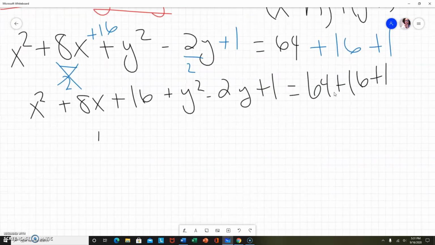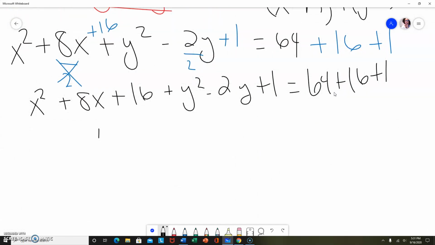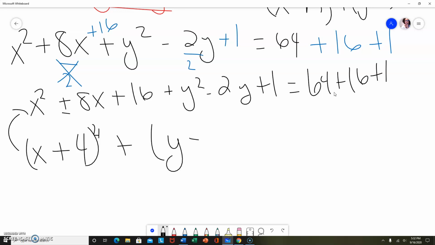Okay, so now I can complete the square. And I know I can complete the square because I just performed the operation to do so. So I'm just going to take my x, take the square root of the 16, and take the sign of my middle term. So it's going to be (x plus 4) squared. Now I know if I square this term, I should get this right back again, right? Plus, I have y. My middle term is minus, the square root of 1 is 1, squared equals, and now we need to add those terms over there.